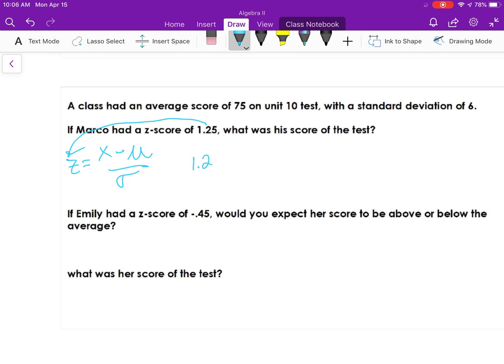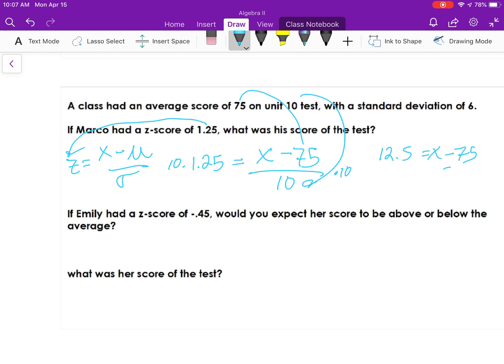So Z was 1.25. Okay. X is what we don't know. Mu is 75 and the standard deviation of 10. So I'm just going to multiply by 10 to get rid of that. That gives me 12.5. And I'm going to add 75 to get an original score of 77.5.